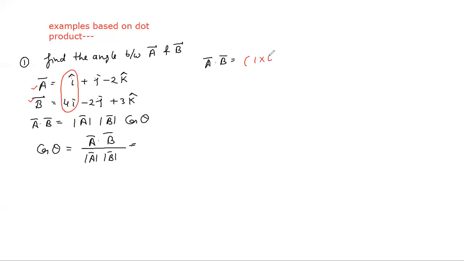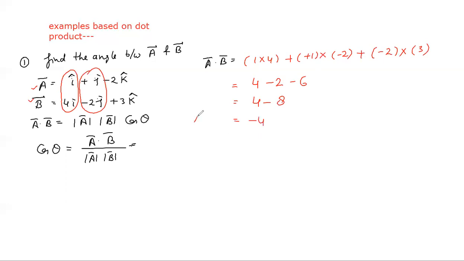So A dot B equals 1 into 4 plus 1 into the coefficient of j in B, which is -2, plus the coefficient of k, which is -2 into 3. So A dot B equals 4 minus 2 minus 6, so it becomes 4 minus 8, that is -4. So A dot B is -4.